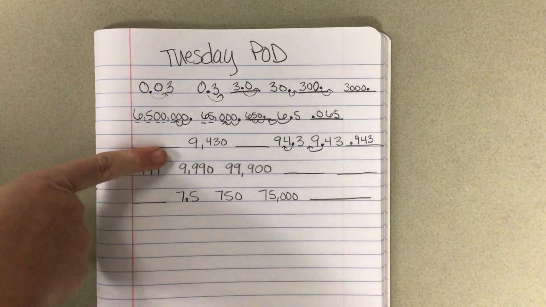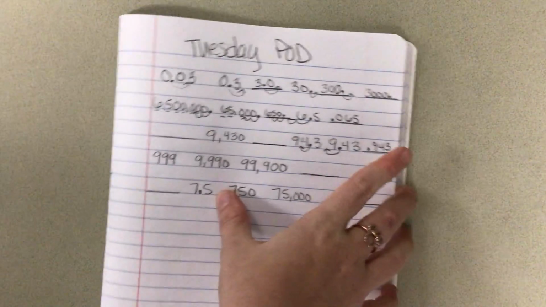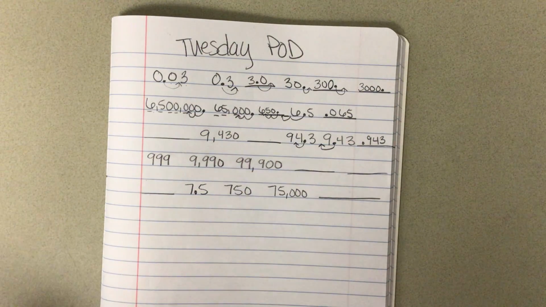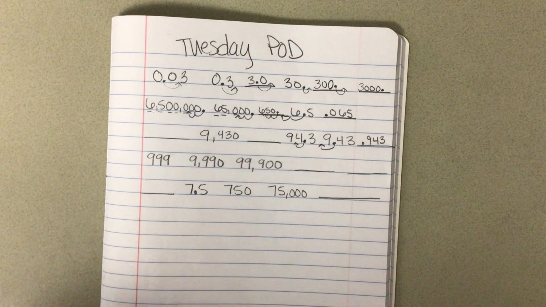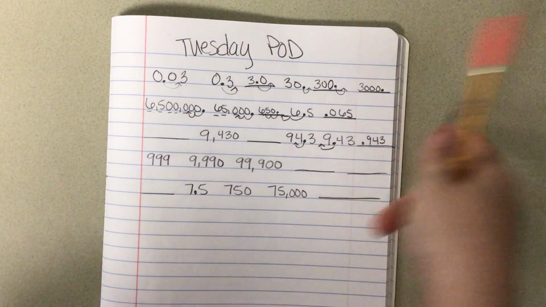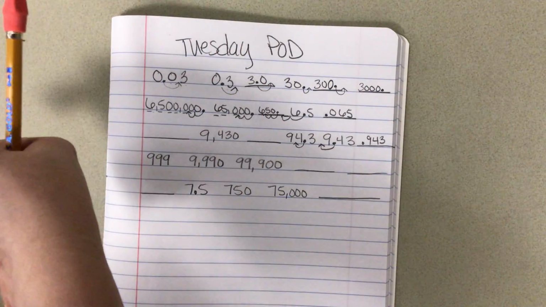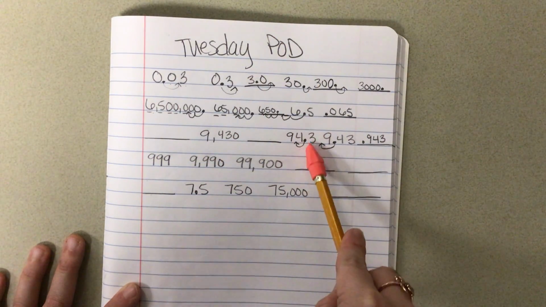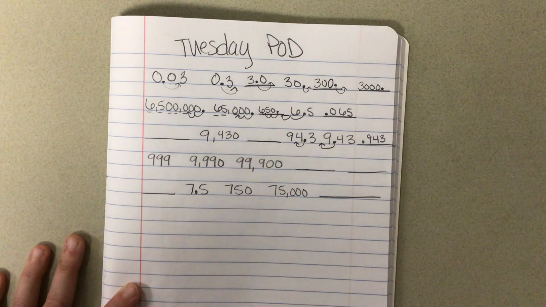So if we said we're going smaller in this direction, then what are we doing going this direction? We're getting larger. So now I need to move my decimal in the other direction because I don't want to go smaller now. Now I want to go larger. So if I want to go larger, I can't move my decimal this direction. Which way do you think I'm going to move it?